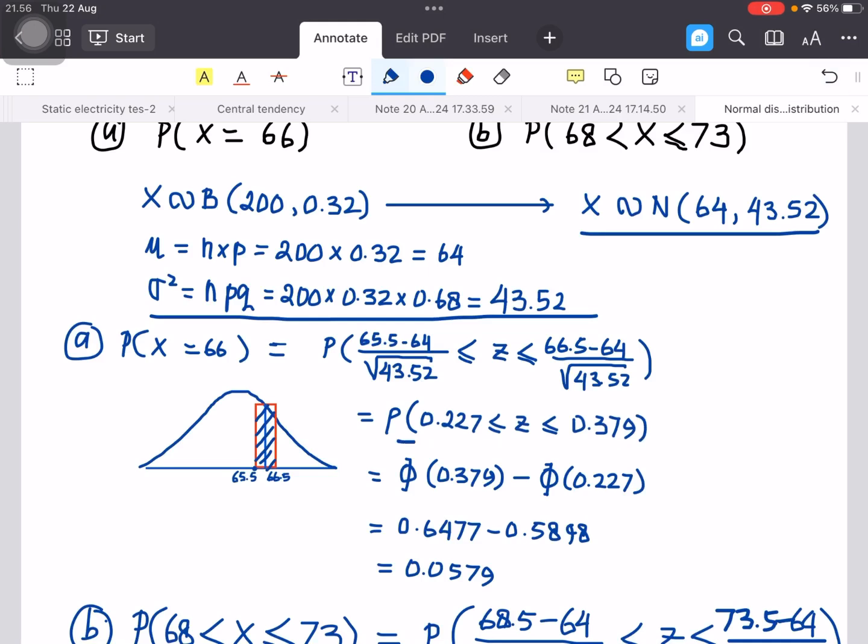So to find the area here, we can use phi(0.379) minus phi(0.227). You can see the diagram. I think it's obvious from the diagram.